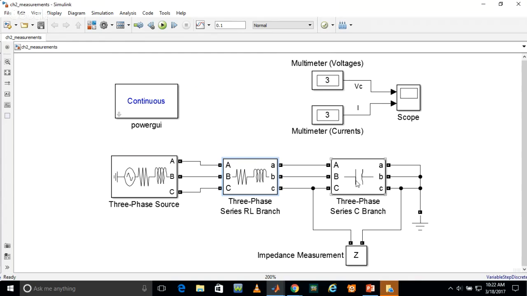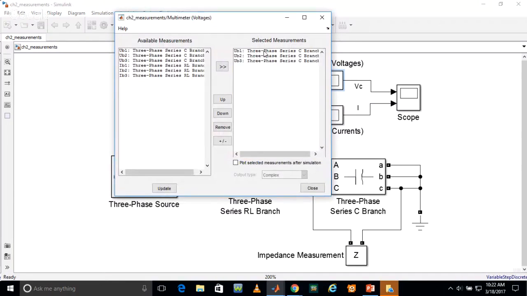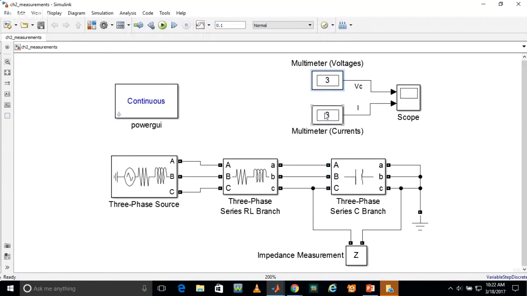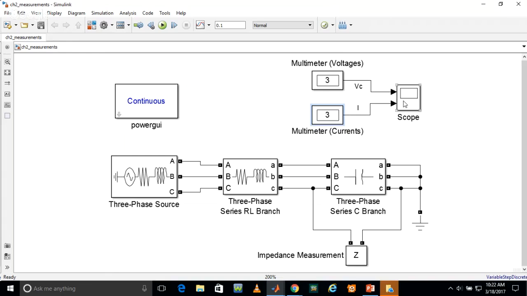The multimeters choose which measurement values to show: the first multimeter has chosen the voltages, and the second has chosen the currents IB1, IB2, and IB3. Then it is given to the scopes.